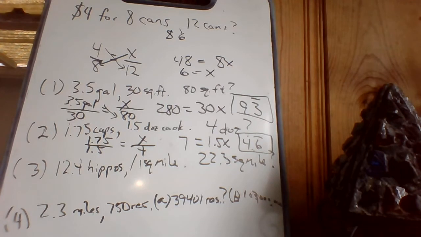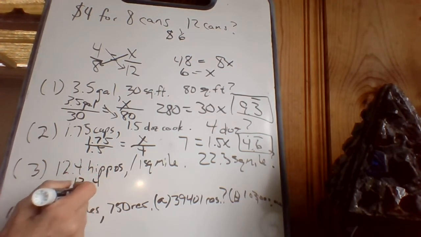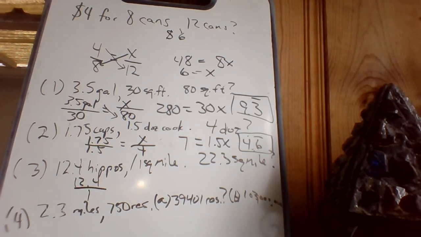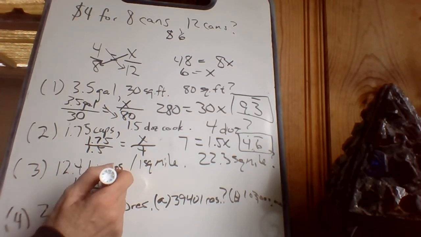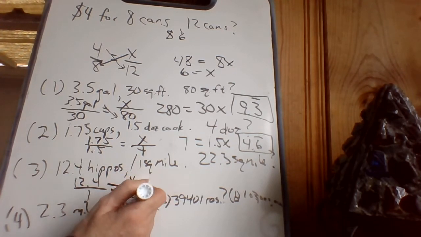Hippos. 12.4 hippos per square mile. How much in 23 square miles? Well, maybe this is one you could have reasoned out, but the thing that really is confusing when you read it is there's only 2 numbers and I'm supposed to have 3. Okay, it's because it's 12.4 hippos per 1 square mile. They said just per square mile, but they meant per 1. 12.4 goes with 1, and x goes with 22.3.